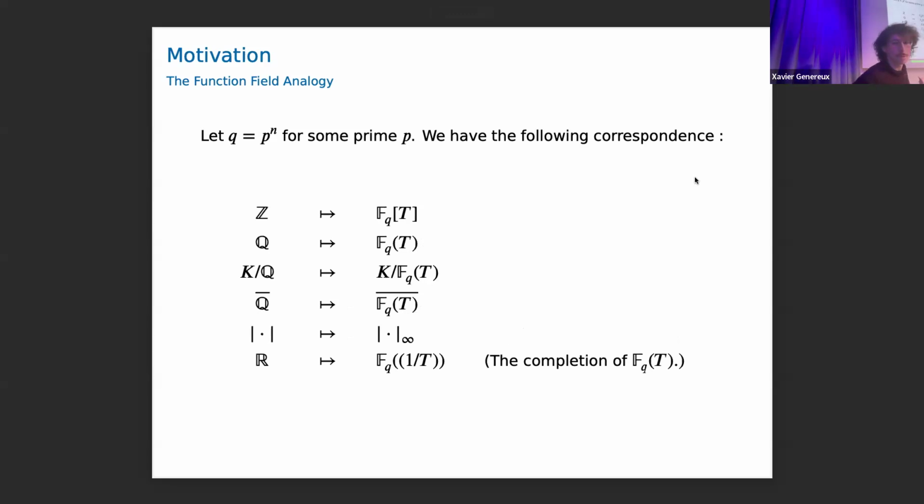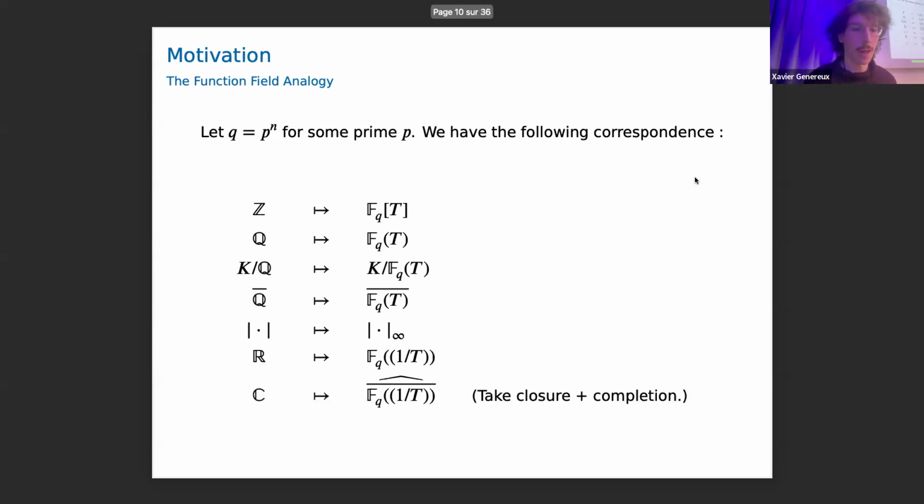On the left, you get the reals. On the right, you get this funky looking thing that's kind of infinite sums, if you want. And then my analog of C is kind of interesting: you need to take the closure and then complete again, to get something similar to C.